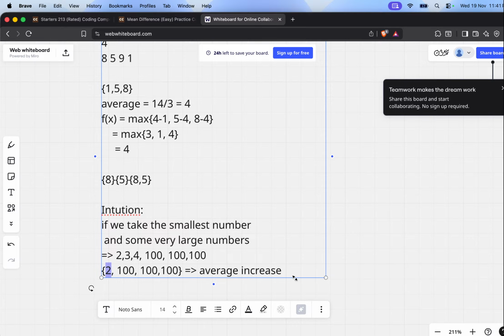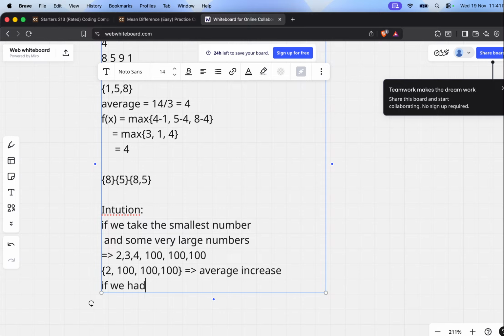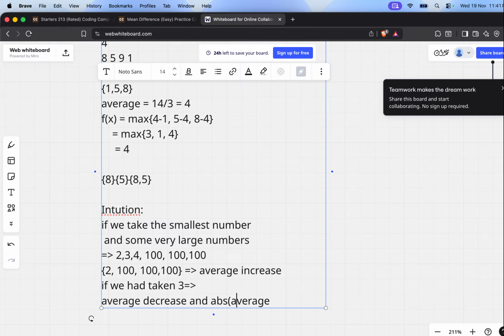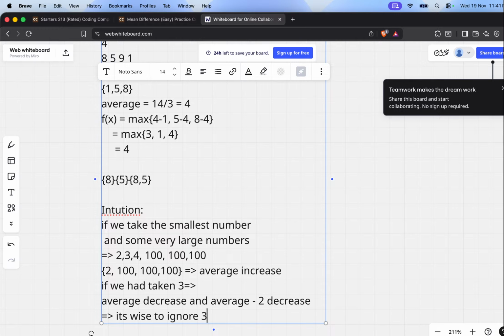If we had taken 3, the average decreases, and the average is automatically larger than the smallest number, so average minus 2 also decreases. So it's wise to ignore 3.